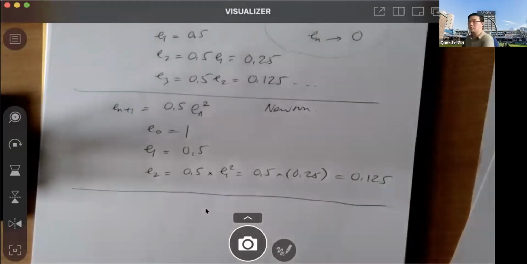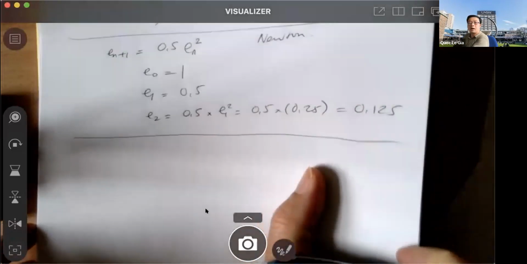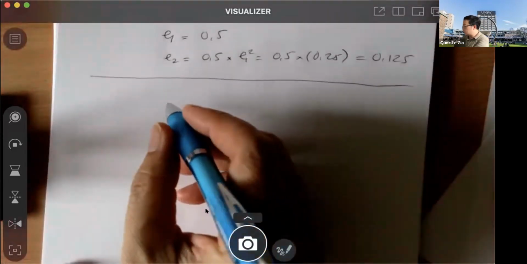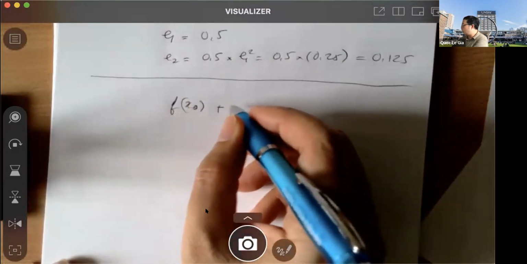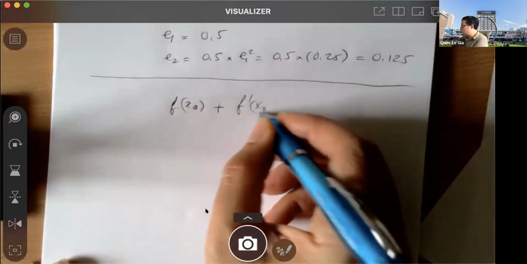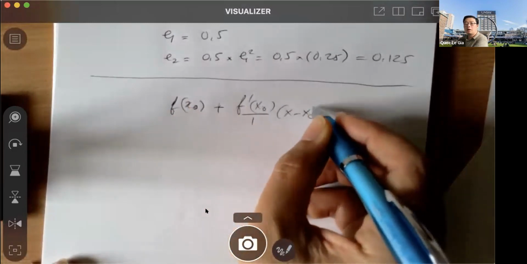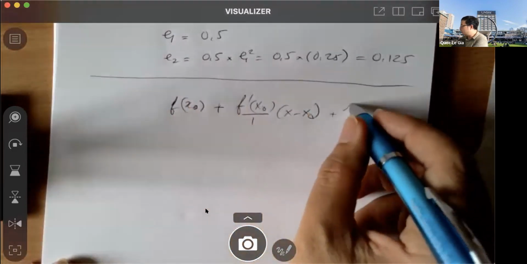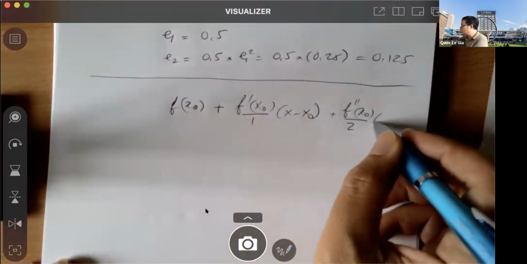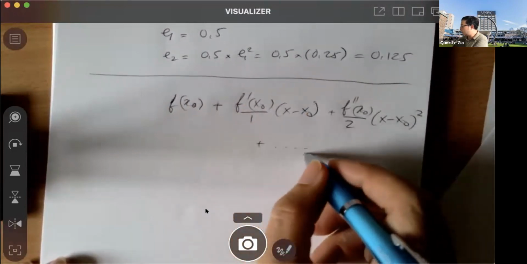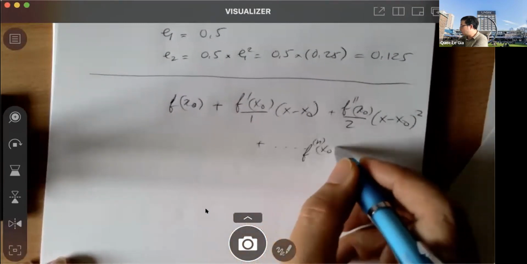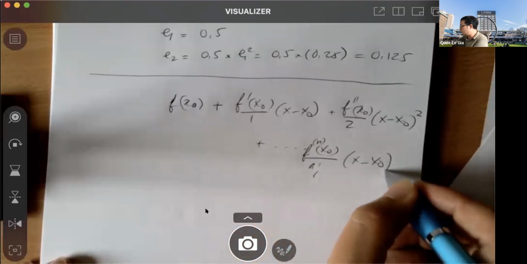So like you said, suppose I have the Taylor formula, which is the sum of f of x0 plus f prime x0 over 1 times (x minus x0), plus f double prime x0 over 2 times (x minus x0) squared, plus and so on, so you get f to the n of x0 over n factorial times (x minus x0) to the n.